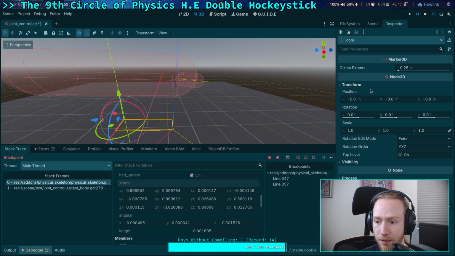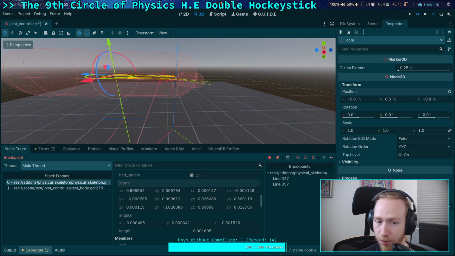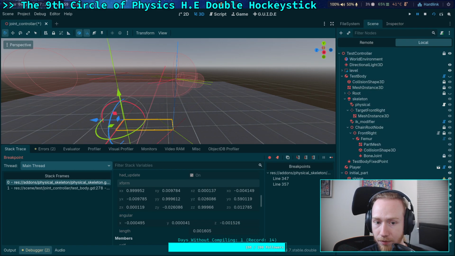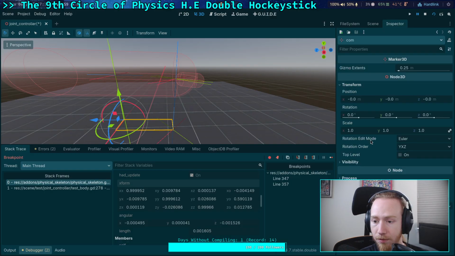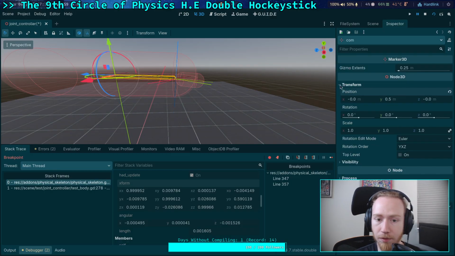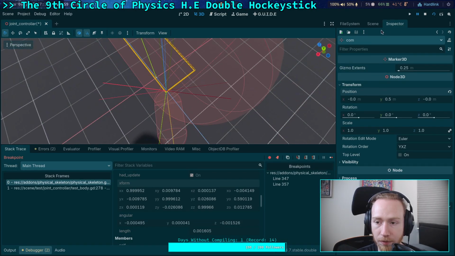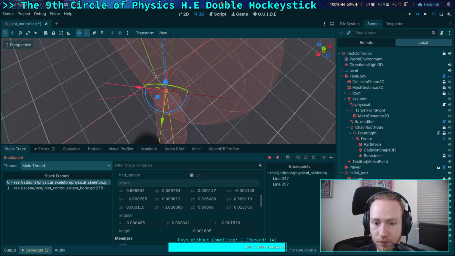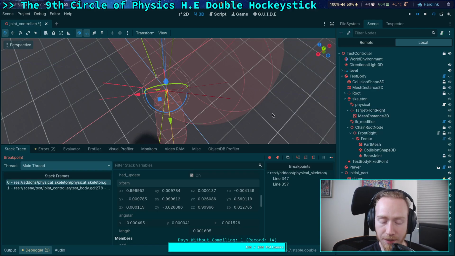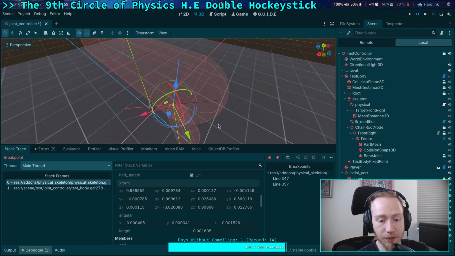Center of mass. I think relatively these are all just going to be positive 0.5. Yes, that's actually really interesting how different that is. Well, I mean, no, it's not interesting at all because that's what it should be. That's how I know that there's an angle between the two, because these two are not in the same plane. Okay.